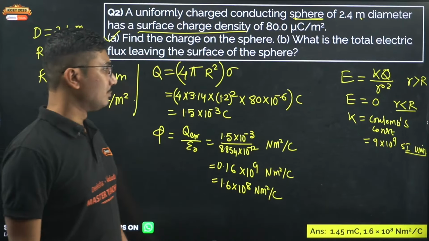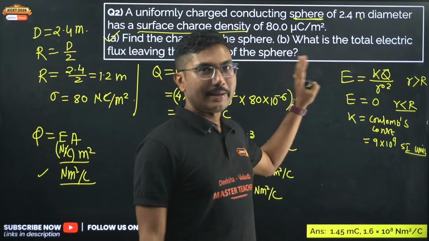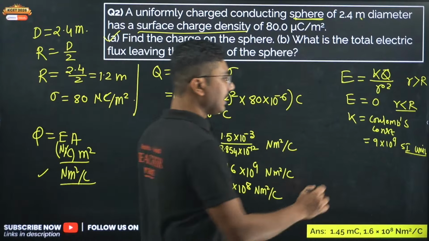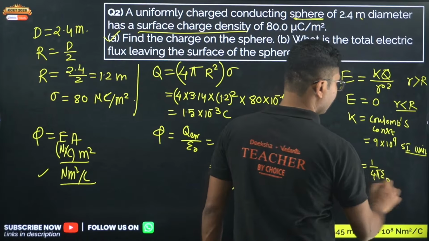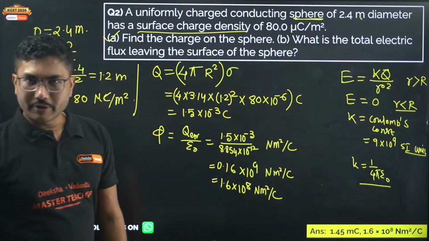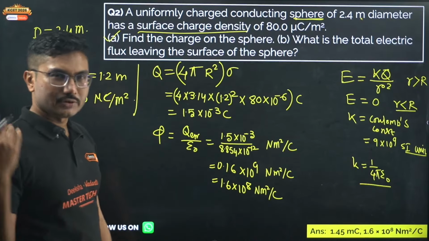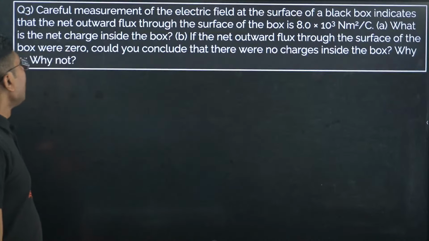That is also okay. Whatever method, if you are using the K method, then you have to mention this is Coulomb's constant. Okay, or you can mention K equals 1 by 4 pi epsilon naught. That is also fine. Okay, but 9 into 10 to the power of 9, yes, you can take. Generally they provide it in the question. If it is not provided, you can take it closing your eyes, no problem.